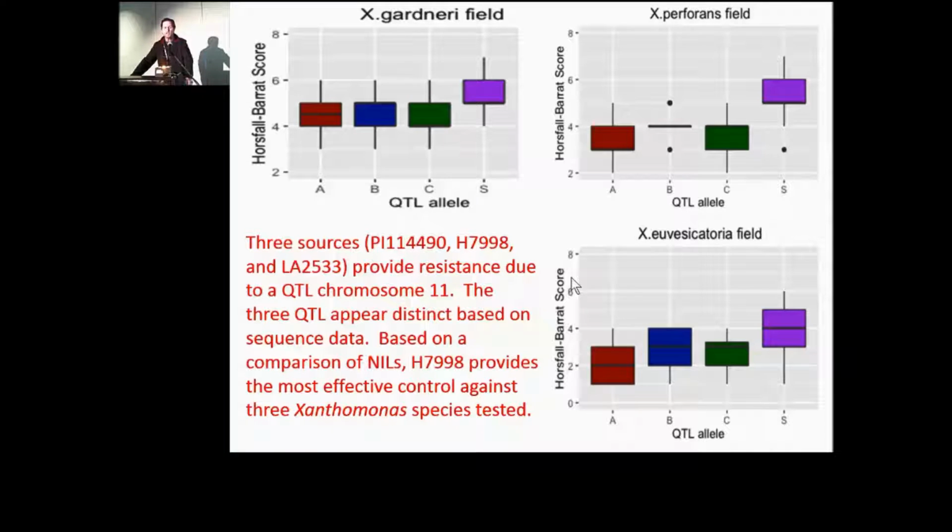Over all 3 species, the Hawaii 7998 allele looks to be the most effective at giving us resistance. And we now know after sequencing some pedigrees that these QTL really are different, but now we can prove it, and all in the context of a master's thesis, so in a simple 2-year project.